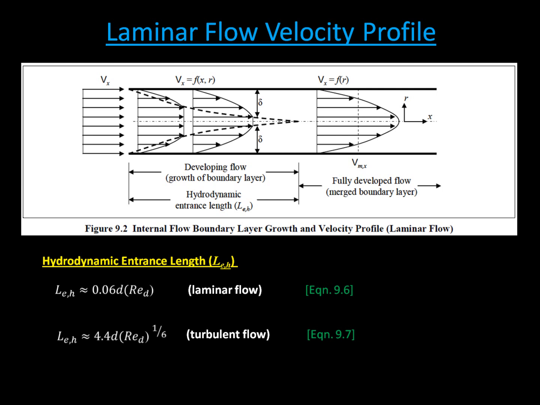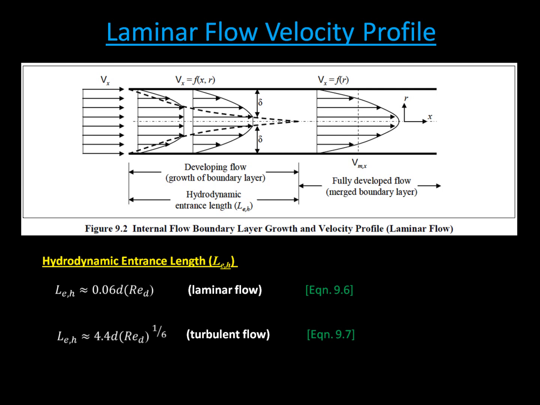So let's take a look at the math, and let's put some arbitrary numbers in your head. If I have a Reynolds number of, let's say, 2,000, that's my maximum extent of laminar flow, times 0.06 times, let's say, a diameter of 1 inch, that's still a relatively large number. If I compare that to the same diameter pipe, multiplied by 4.4, if I have a Reynolds number, even if it's 10 to the 5th or 10 to the 6th, and I take the 6th root of that, I get something much, much smaller, depending on the values.